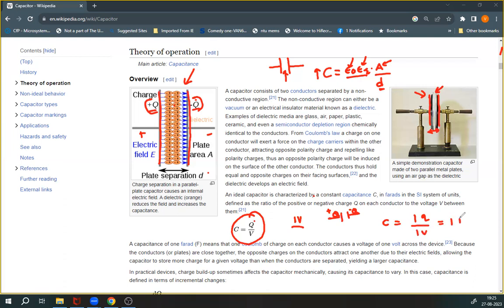So it is called 1 farad. That's the definition of the capacitance, and how this equation can be utilized and understood.